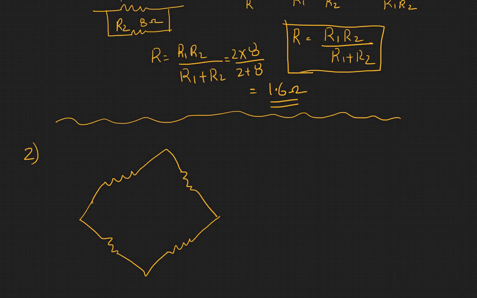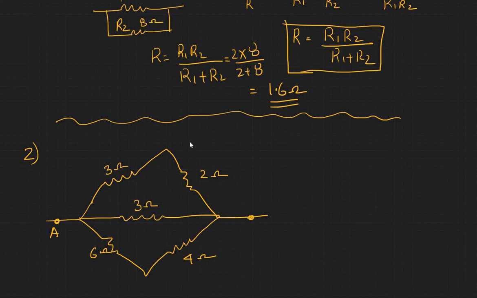And you have here, so you have 3 ohms. Here you have 3 ohms and 2 ohms. And here you have 6 ohms and 4 ohms. And you have to find the resistance between A and B.